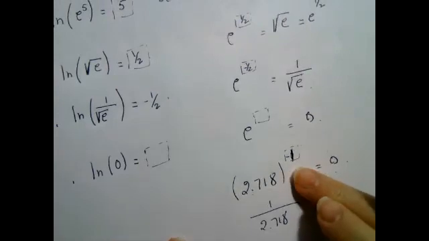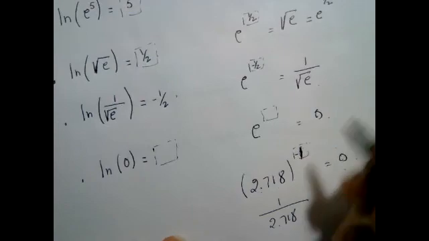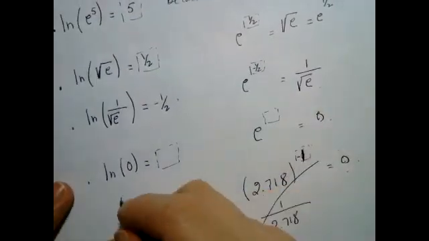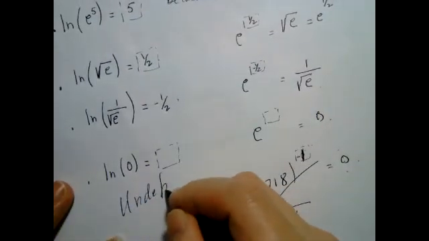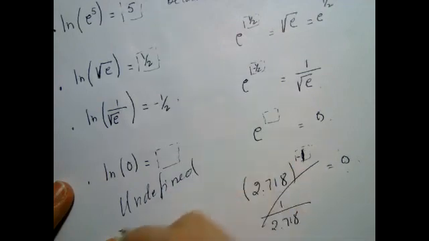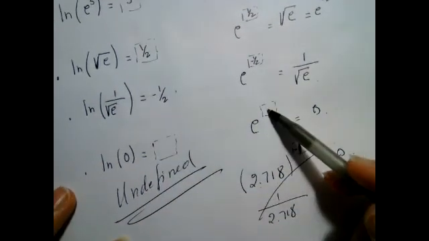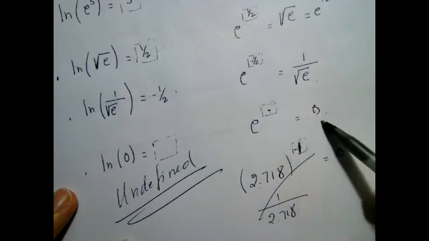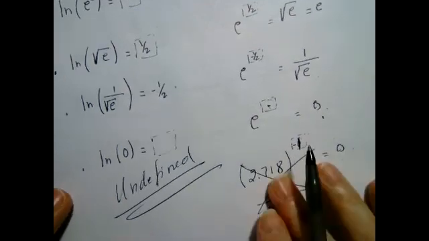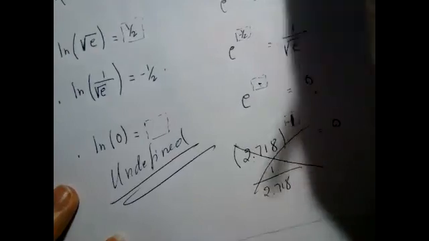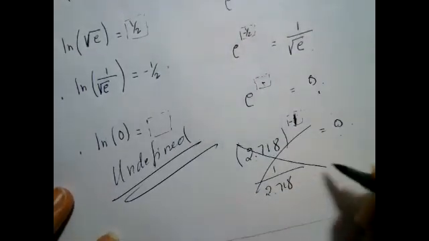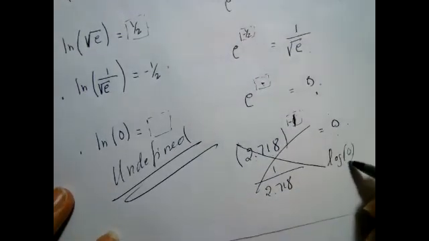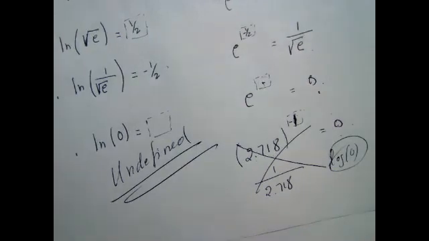So regardless of which power you take, you will never get 0. So ln of 0 is absolutely undefined. There is nothing you can put here that will bring up the 0. So ln of 0 doesn't make sense. Even the log of 0, the one with base 10, also doesn't make sense. So the log or the ln, both of them have no meaning when the input is 0.